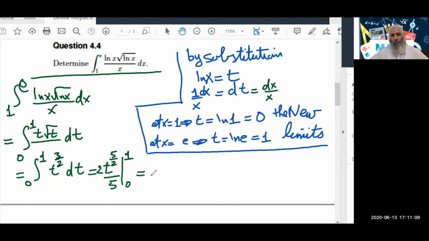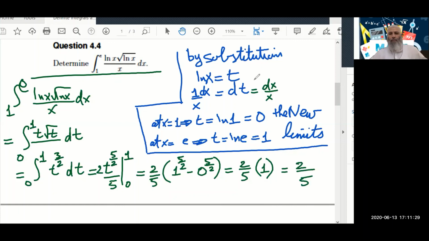So 2 over 5 times 1 power 5 over 2 minus 0 power 5 over 2, which is 2 over 5. This is the solution. Okay? Yes. Okay.